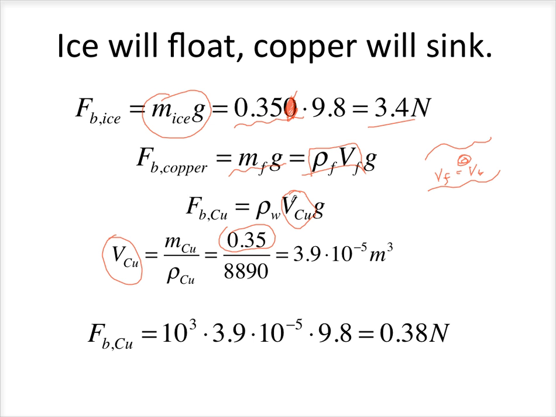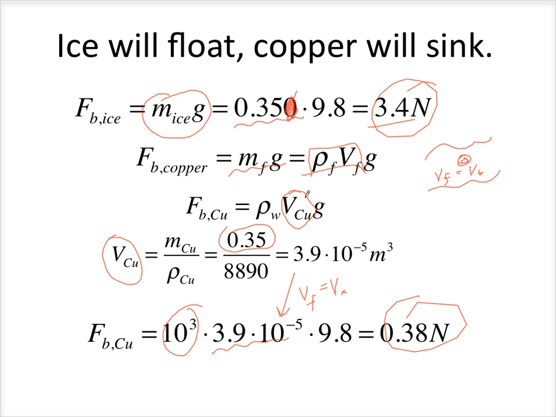So from there, the buoyant force equals the density of the fluid, which is water in this case, times the volume of the fluid, which is also the volume of the object, times 9.8, and we get 0.38 newtons, which is in fact less than the 3.4 newtons on ice.